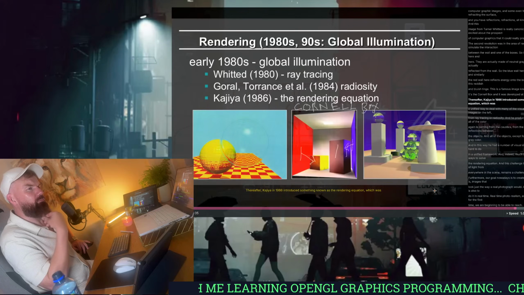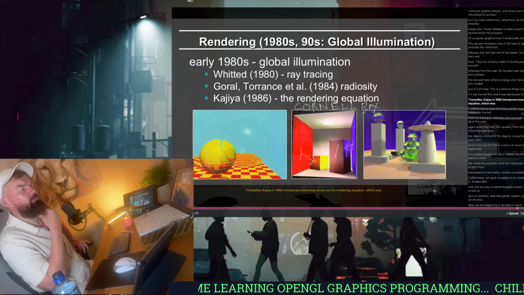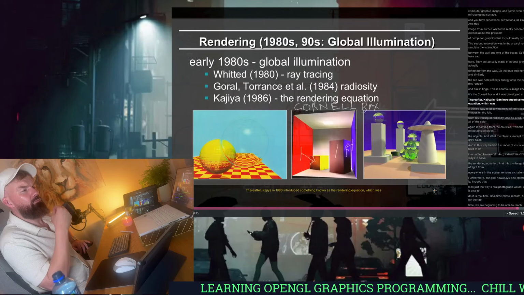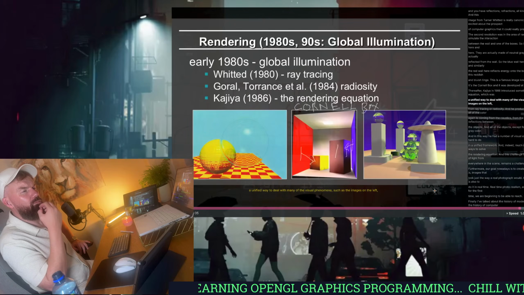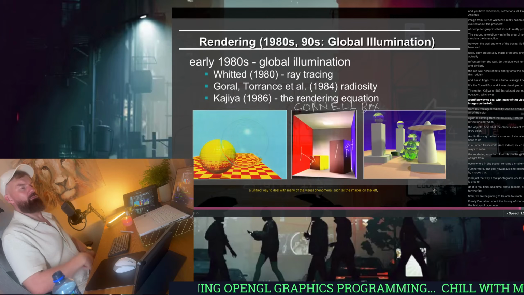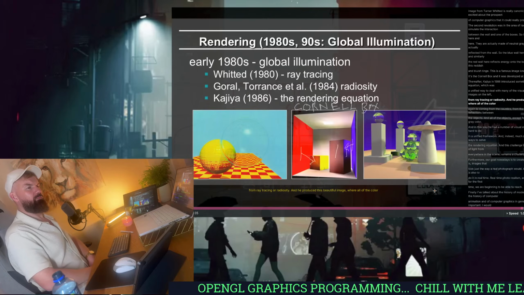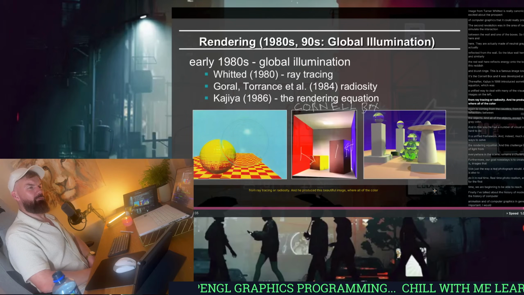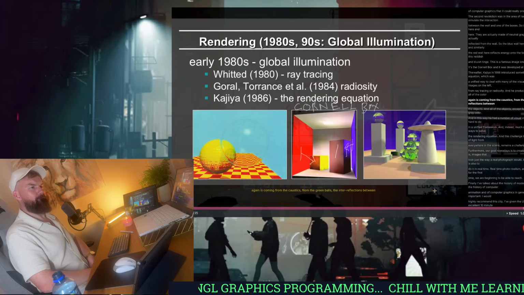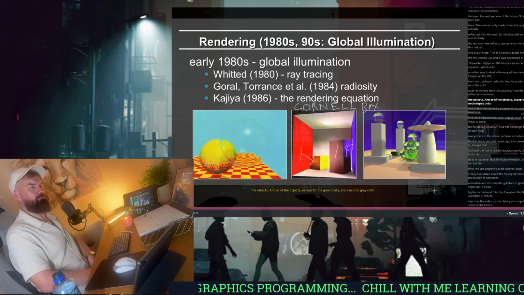Thereafter, Kajiya in 1986 introduced something known as the rendering equation, which was a unified way to deal with many of the visual phenomena, such as the images on the left from ray tracing or radiosity, and he produced this beautiful image where all of the color again is coming from the caustics from the green balls, the interreflections between the objects, and all of the objects except for the green balls are a neutral gray color.